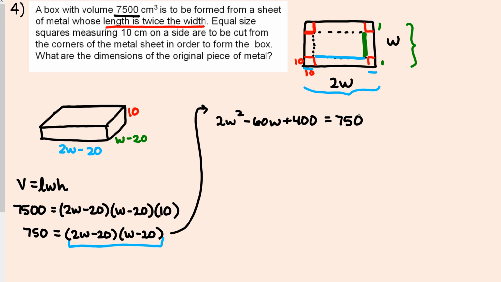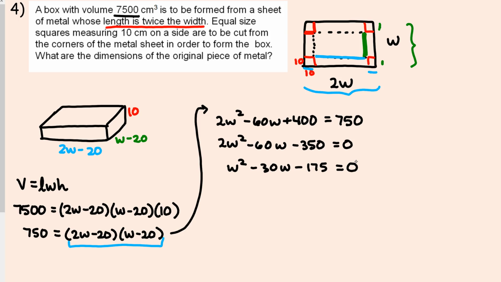Okay, let's subtract 750 from both sides, and we have 2W squared minus 60W minus 350 equals 0. And then let's divide both sides by 2. So we have w squared minus 30w minus 175 equals 0.